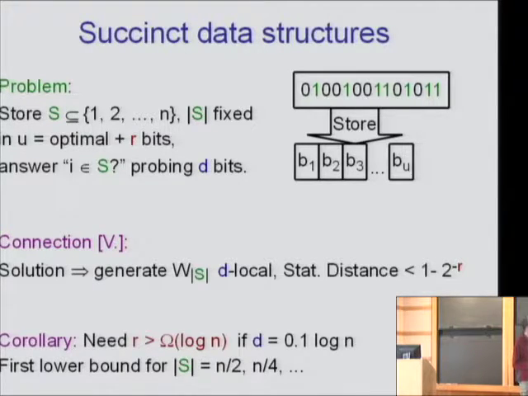You want to make this r as small as possible, and simultaneously you want to be able to answer a membership question, so is this bit 1 or 0, by probing just d bits of the data structure. So you want very small space and very efficient answers to membership queries.